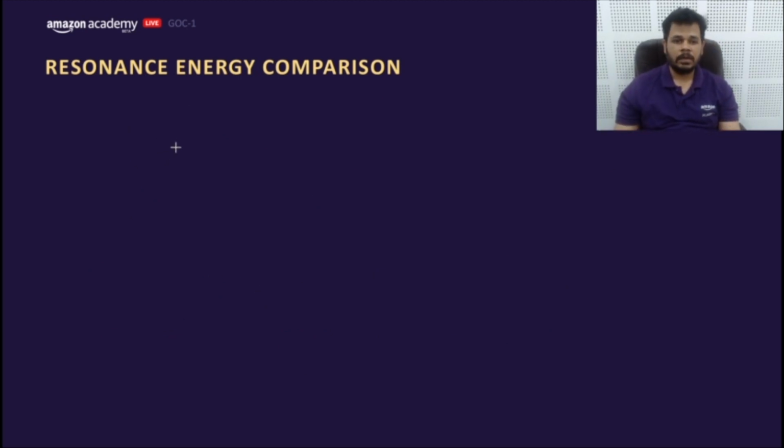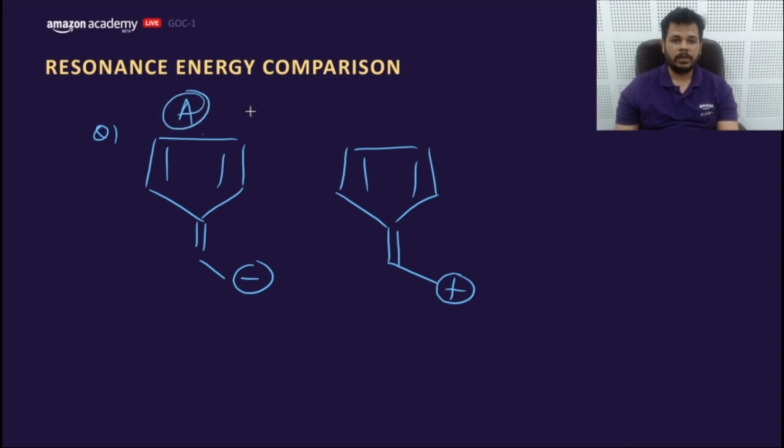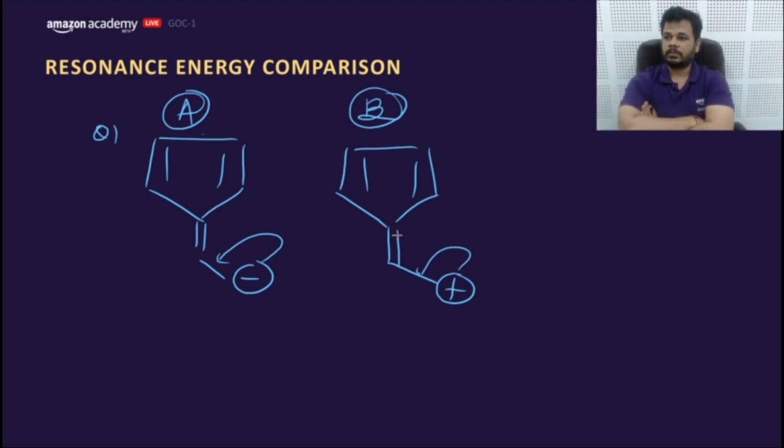The last one, let's have a beautiful example of a question like this. Try to answer it. Which of the following would be having more resonance energy? If you move this positive or negative charge inside the ring, you will get the answer.